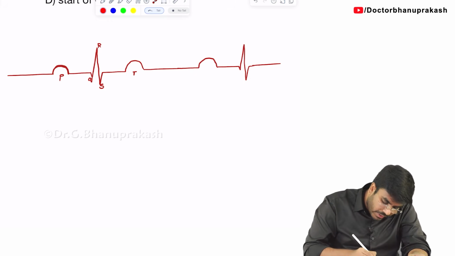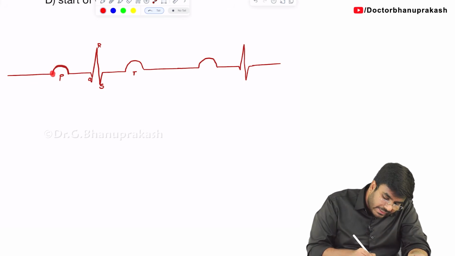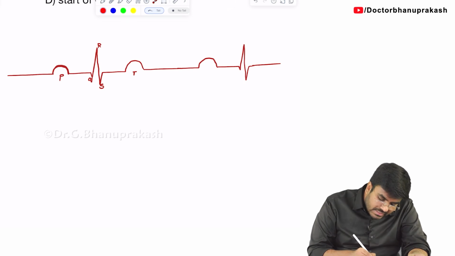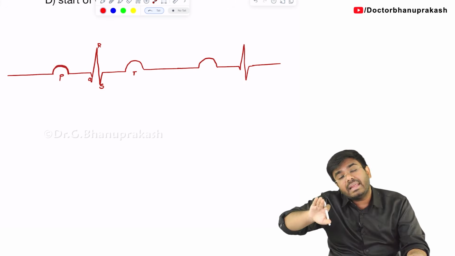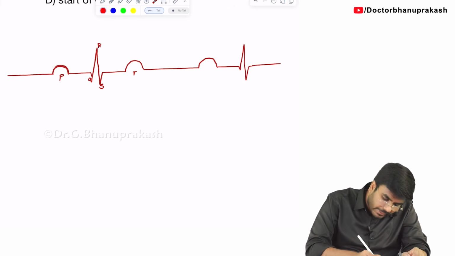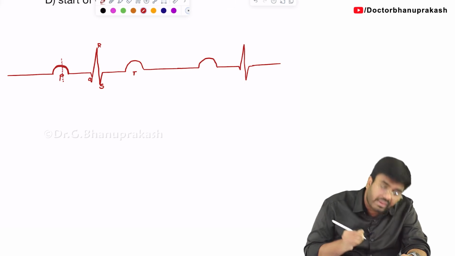So, first look at this. This is atrial depolarization. This is the place where atria starts to depolarize. Once the atria start to depolarize, later atria will contract. If you want to know exactly where atria is contracting, atrial contraction begins from the middle of the P wave.